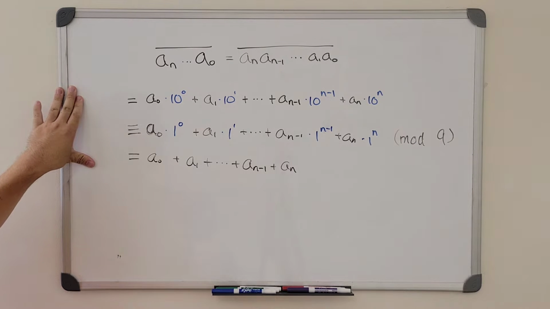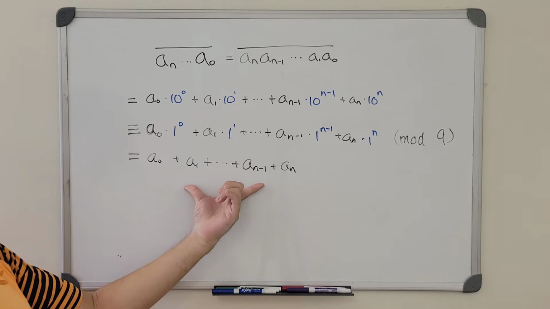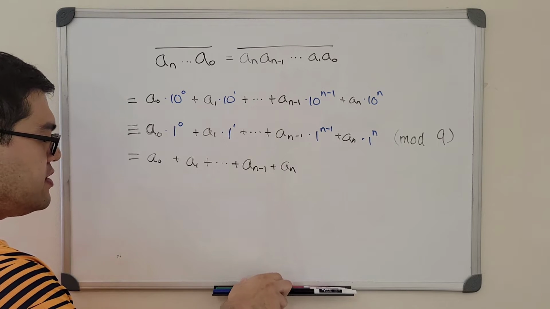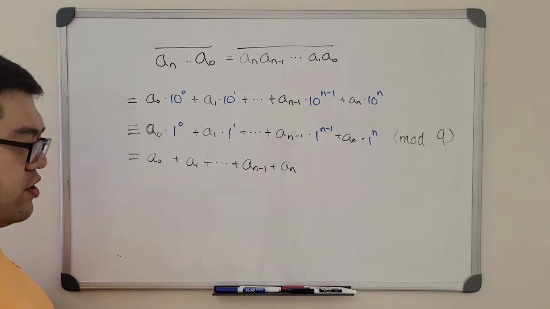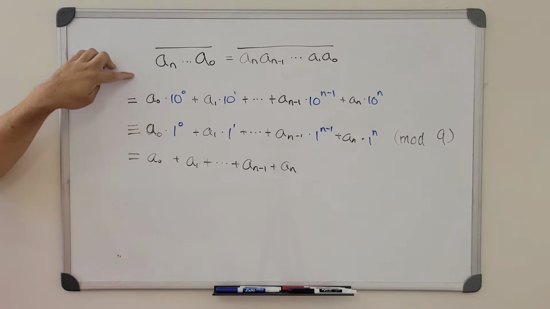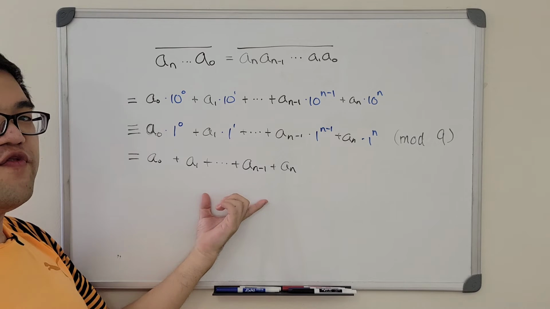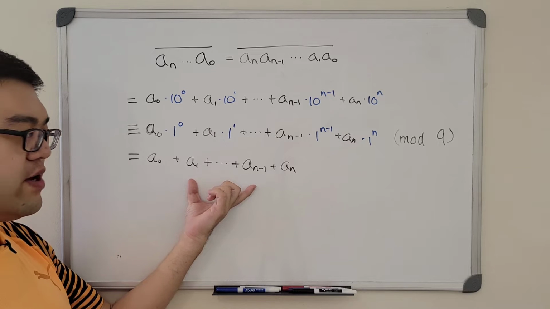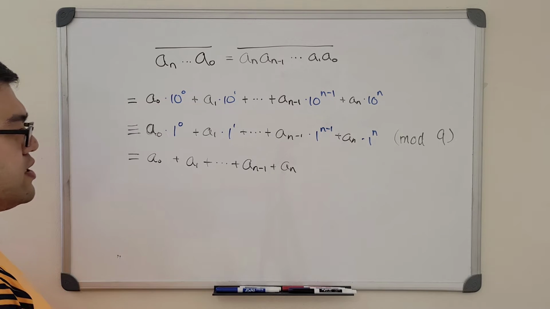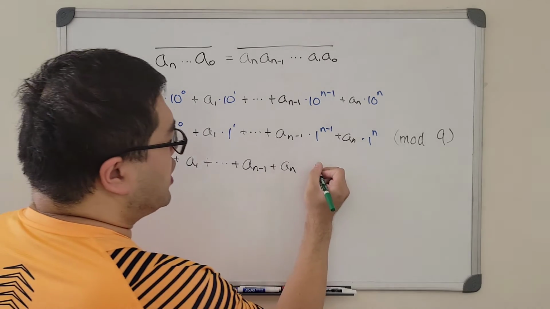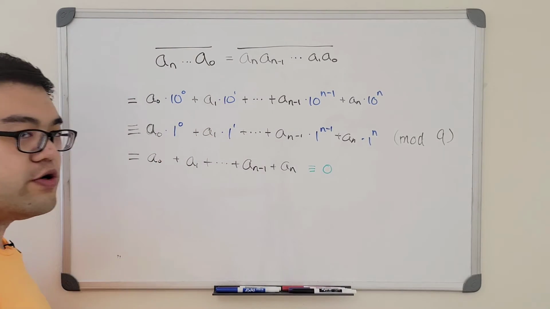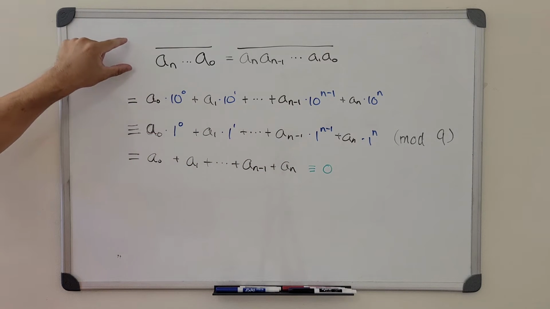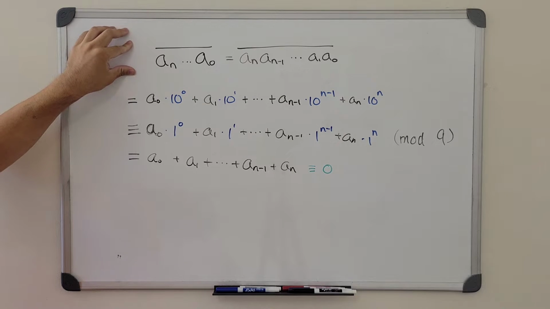Good. Now we just get the expression that we want, but how is it going to help? Well, here's the last thing. In order to know whether the original number is a multiple of 9 or not, we can just check whether the remainder part is a multiple of 9 or not. Why? Because if this gives us 0, meaning there is no remainder, then by the congruence classes, it means that the original number also has no remainder after being divided by 9.